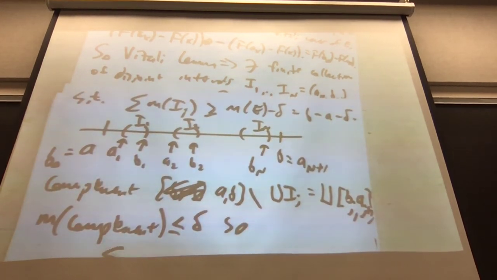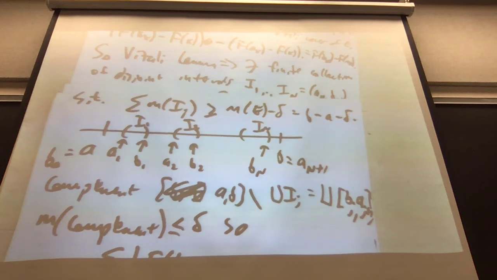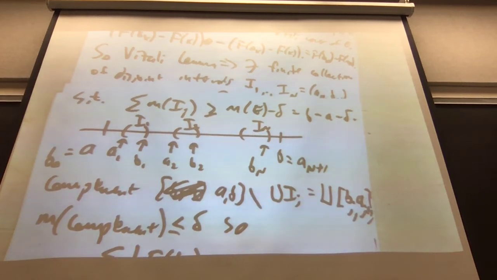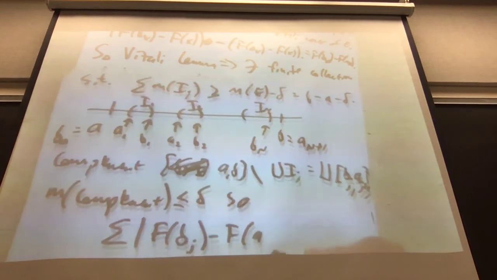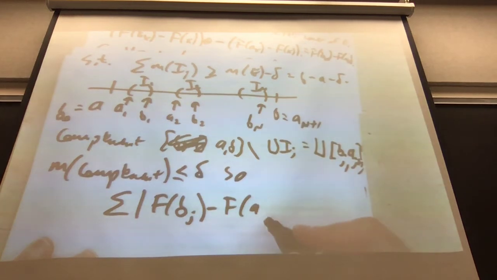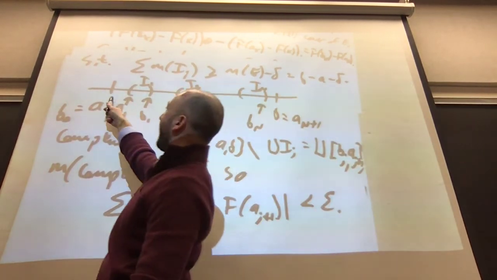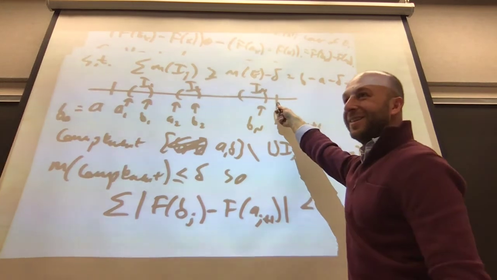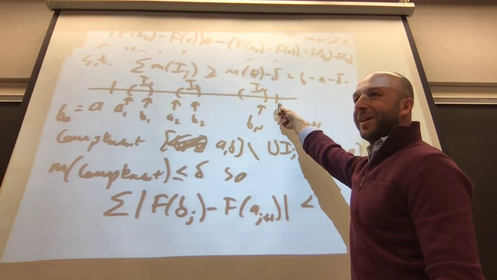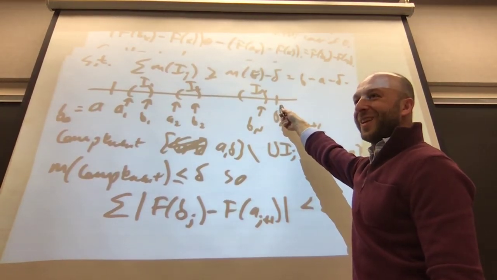So the sum of f at this bj minus f of aj is less than epsilon when you sum all of the changes. What were we trying to prove again? We're trying to prove that f is constant. Right, okay. I'm going to prove that the value of f at a minus the value of f at b is less than epsilon. And we're going to do like a telescoping kind of thing here?